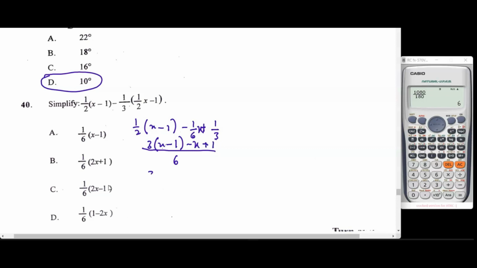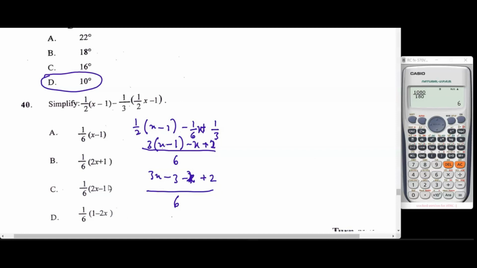Expanding the numerator, we have 3x minus 3, which is the expansion of this bracket, then minus x, and then plus 2, all on 6.